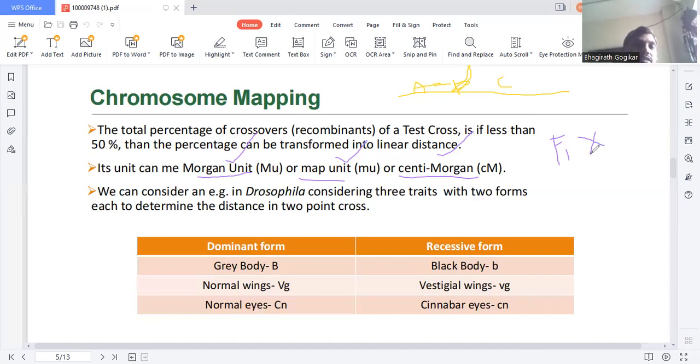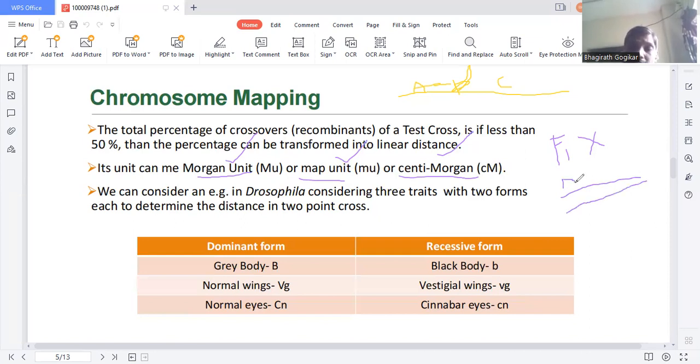The test cross gives some progeny. Based on the progeny values, we can calculate where the crossing over takes place and what percentage of crossing over occurs between the two genes. So the crossing over takes place with reference to a single point.